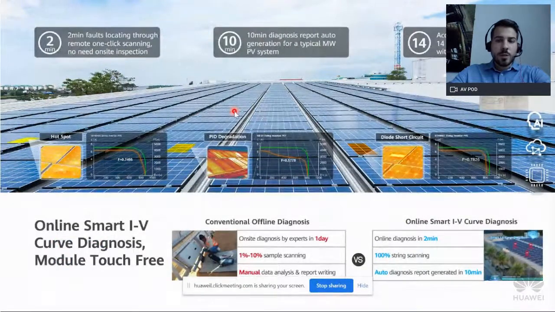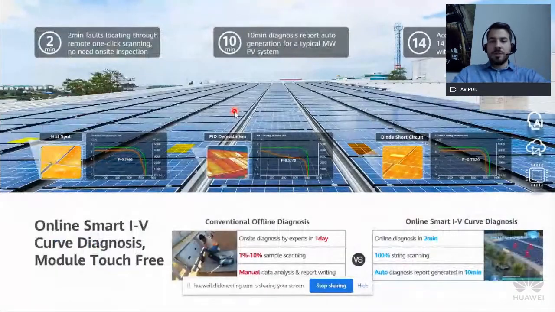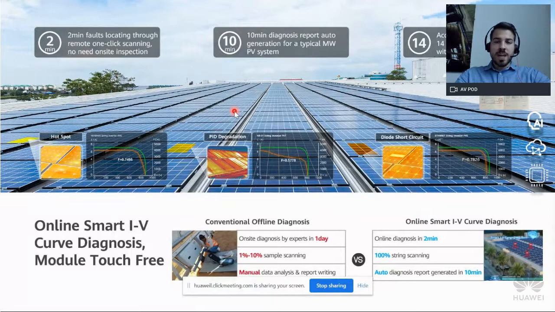And just a quick introduction about the Smart IV curve that I mentioned recently. The Smart IV curve system is a diagnosis system which is able to measure 128 points of the string IV curve.